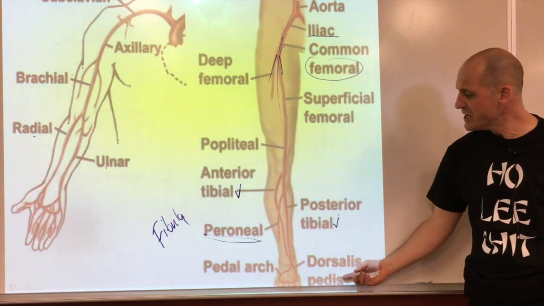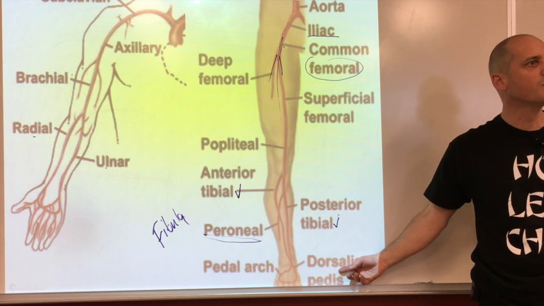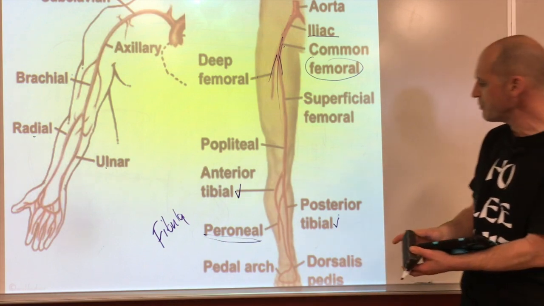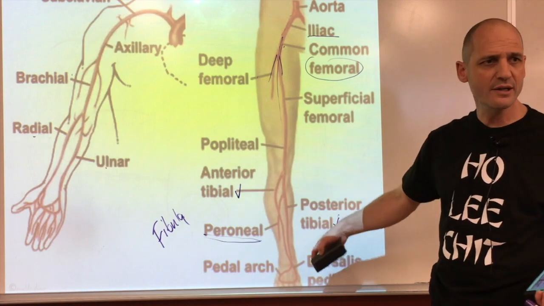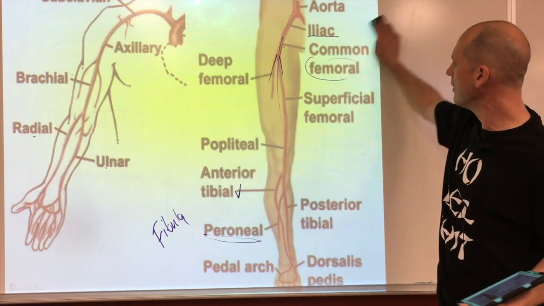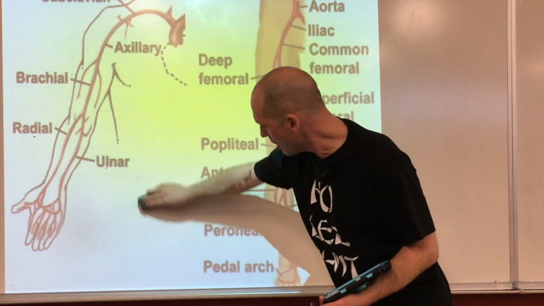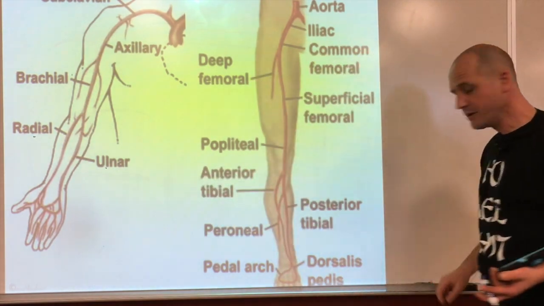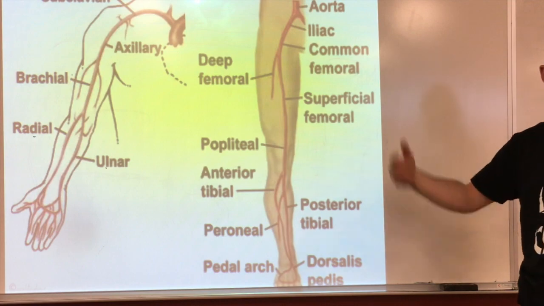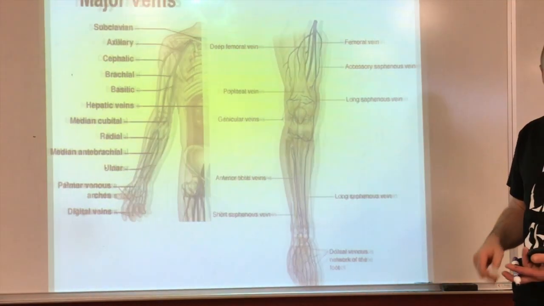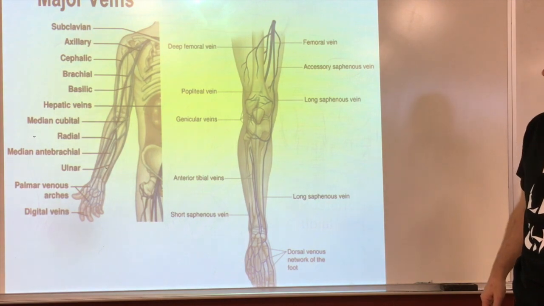Like dorsalis pedis is the top of the foot, dorsum of the foot. But that's almost detail at the end, because you can start learning the names a little bit and picking it up from that perspective. If you have to pick it up with a multiple choice, then you can pick it up pretty fast. If you have to spell it, it might take a little longer, but it's fine. We'll get to it.